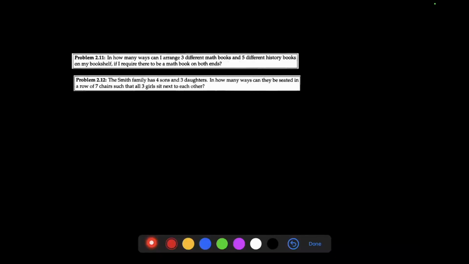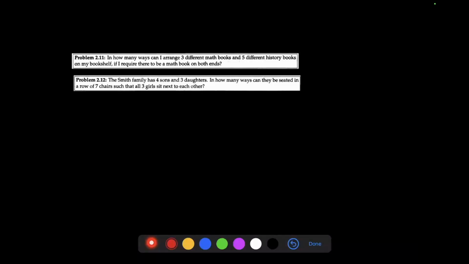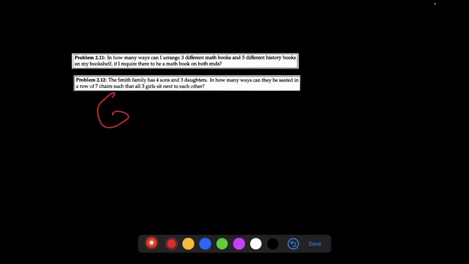So there's 5 basic configurations, which go something like G, G, G, B, B, B, B, and so on and so forth. Instead of counting all that, let's say all the G's have to be next to each other. So let's just call it a big G, a Supergirl block.